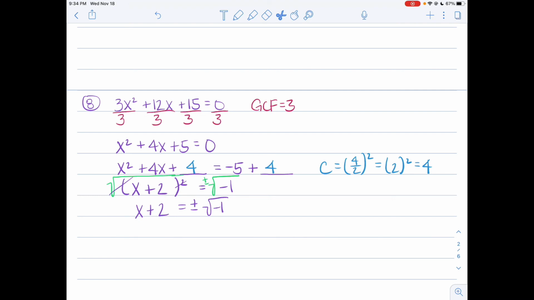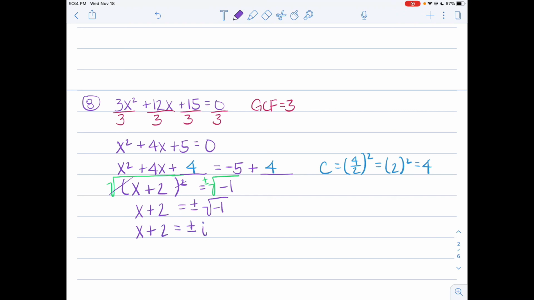Remember that a negative sign under a square root can be popped out as an i. And in this case, since it's the square root of negative 1, well, that's the very definition of i, square root of negative 1. So I can rewrite this as x plus 2 is equal to plus or minus i.